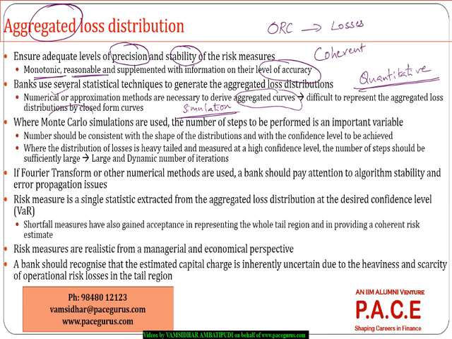Generally the simulation, so the number of steps in a Monte Carlo simulation, the number of steps that are being used to perform the simulation becomes very important. If the number of steps is too high versus too low, what is the difference? They should be consistent with the shape of the distribution and the confidence level that we want to achieve.